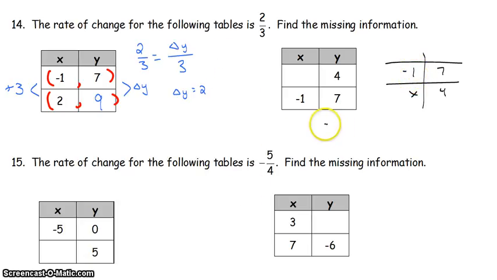So again, you have a rate of change of 2/3. This time, you know your change in y is going from 7 to 4, that's a -3. That goes in your numerator. You don't know your change in x, that's your denominator. So when we cross multiply, 2 times your change in x equals -9.